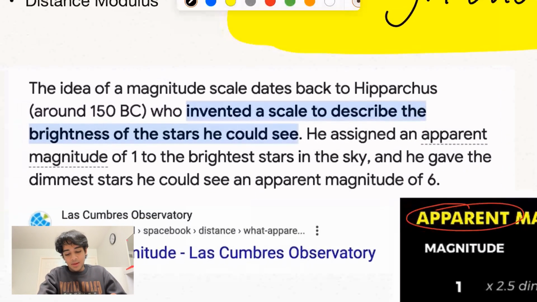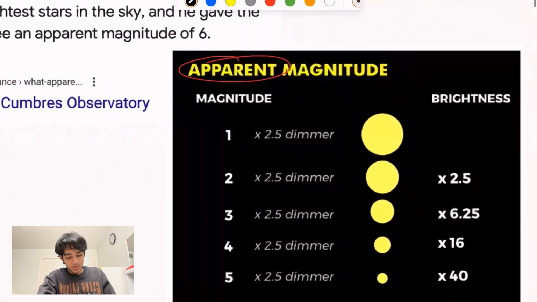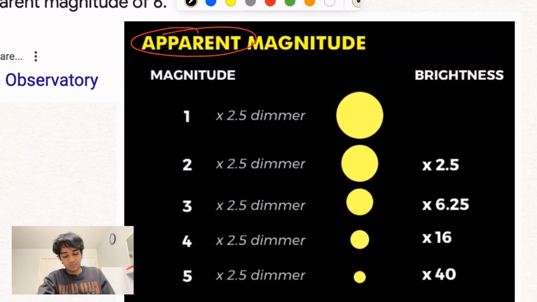The idea of a magnitude scale dates back to Hipparchus, who invented a scale to describe the brightness of the stars he could see. He assigned an apparent magnitude of 1 to the brightest stars in the sky, and he gave the dimmest stars he could see an apparent magnitude of 6. Here's a chart that shows he assigned the brightest stars as 1, and then all the way down to 6.